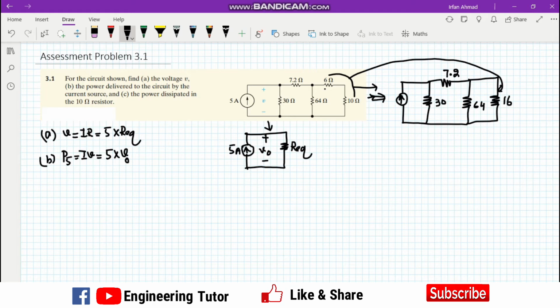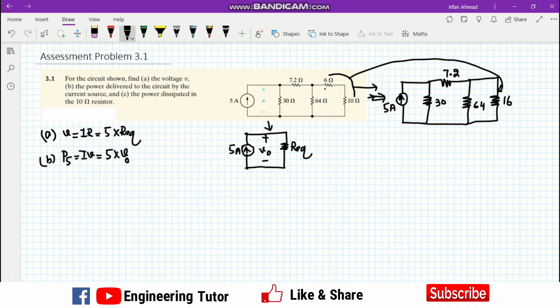I'm not using the omega sign here because it is understood that these are in ohms. So I want you all to know that these resistances are in ohm. Now these two resistors are in parallel.